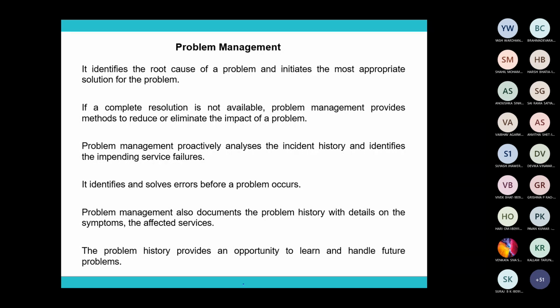But in problem management, it tries to find the root cause of the problem, such as what is the reason for a hardware failure and so on. If a complete solution is not available, problem management provides a method to reduce or eliminate the impact of the problems.